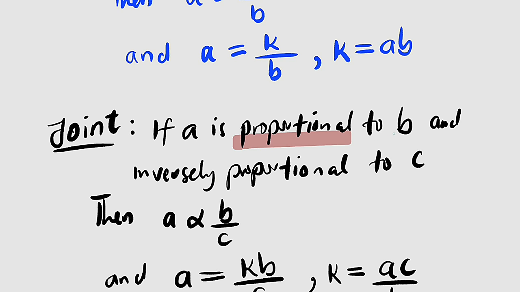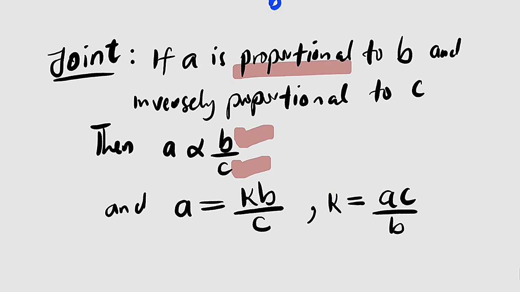So if A is proportional to B and also at the same time inversely proportional to C, it implies that A is directly proportional to B and inversely proportional to C, written mathematically as A equal to KB divided by C. And if you make K the subject by multiplying both sides by C, then you divide by B, you have K equal to AC divided by B. This is for joint variation.